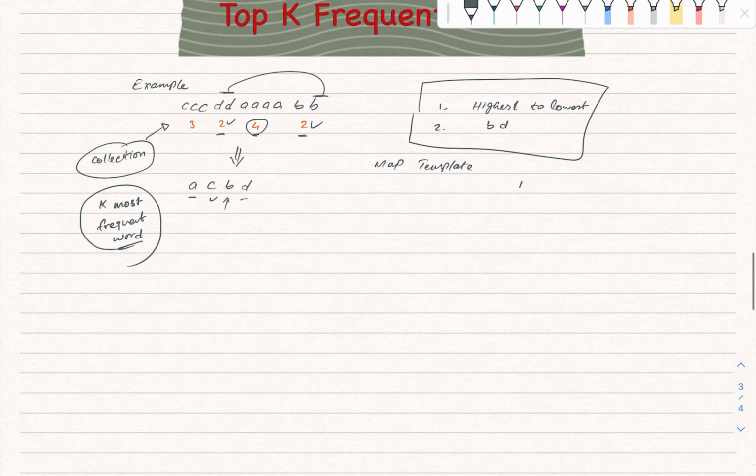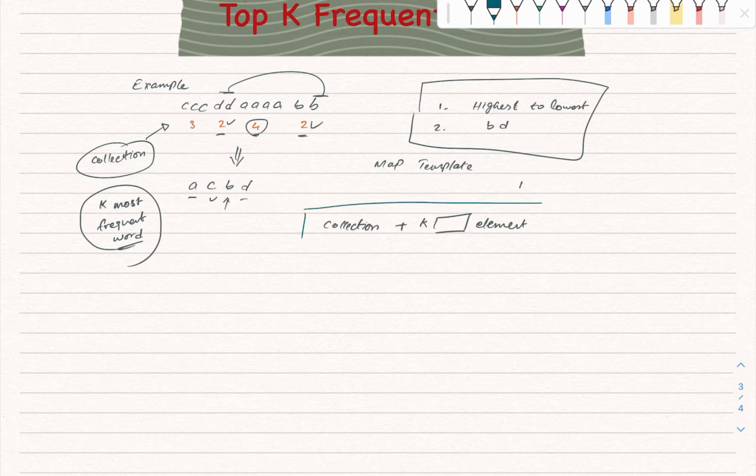But we know when some collection is given and k elements are expected, these two things come up, and we will use the top k element coding pattern.